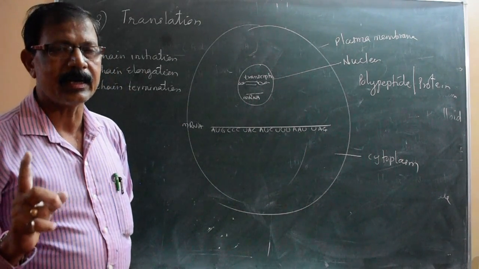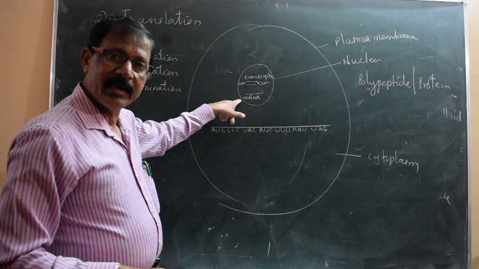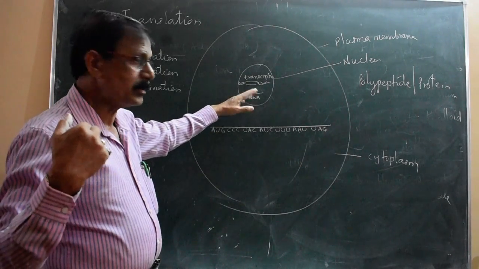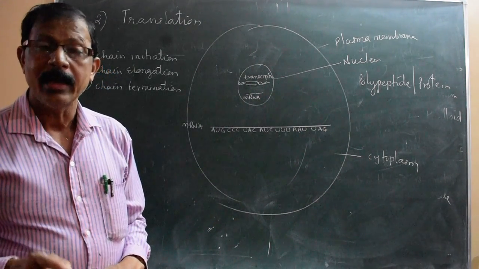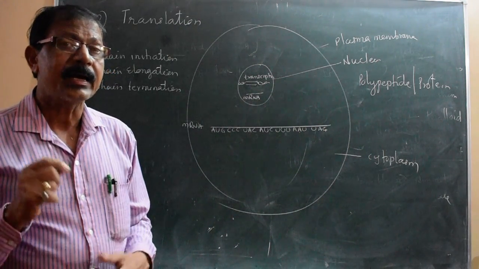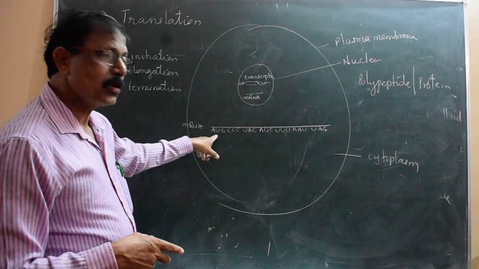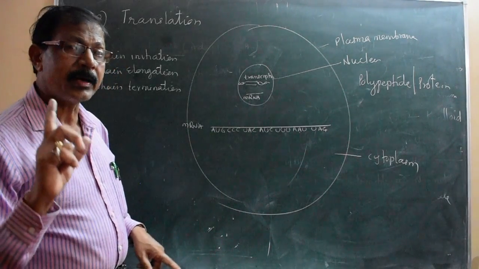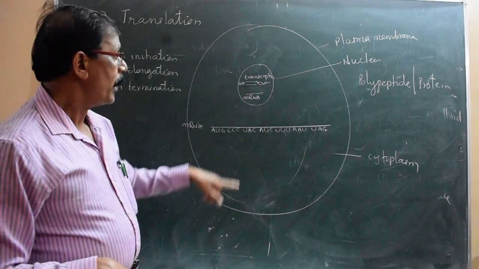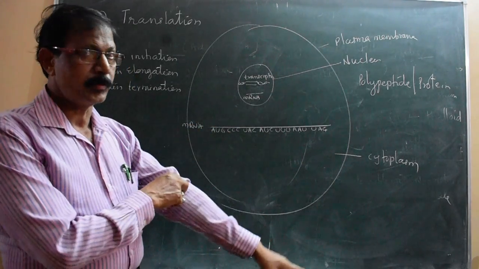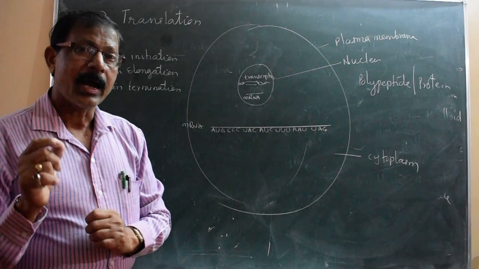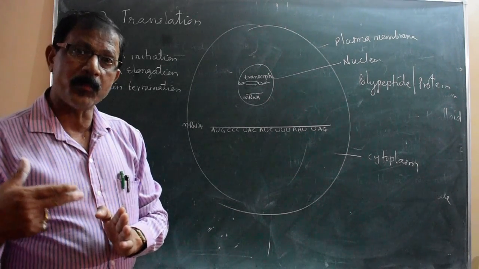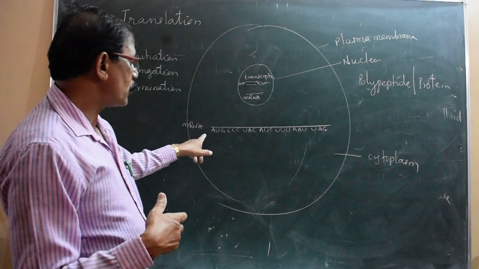So tRNA from the DNA has to come from the nucleus, and it loads the anticodon. In mRNA there are codons and tRNA brings anticodons. You must understand properly: tRNA brings the anticodon, and that properly fits, complementary to the codons of the mRNA.